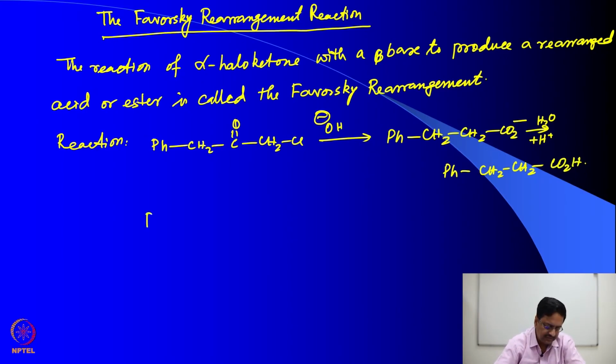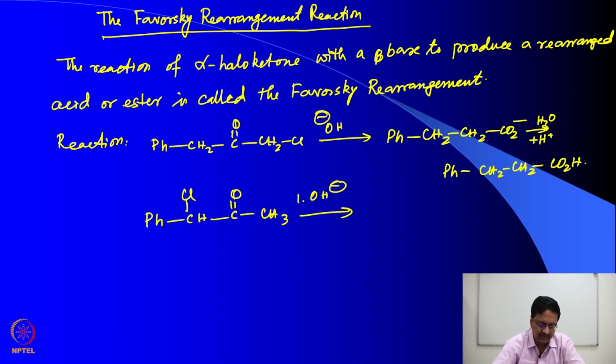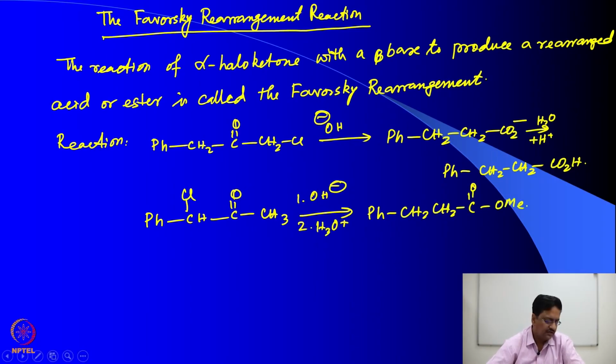Similarly, if you start with PhCHCl-CO-CH3, you treat first with OH minus and then do hydrolysis in acidic medium, you get PhCH2CH2COOMe as your product.